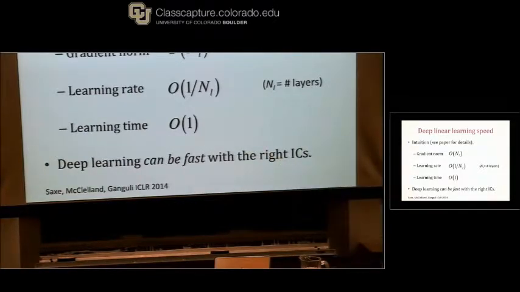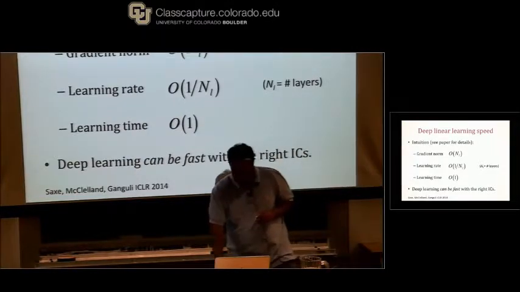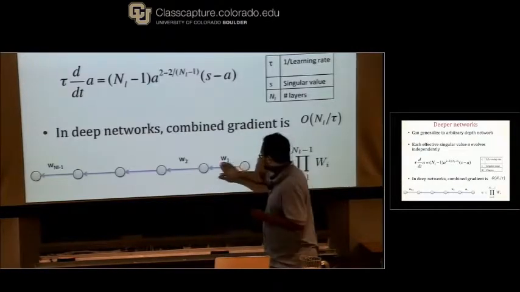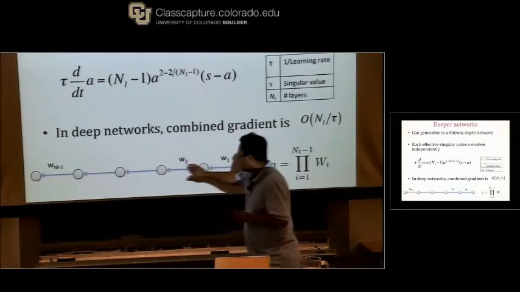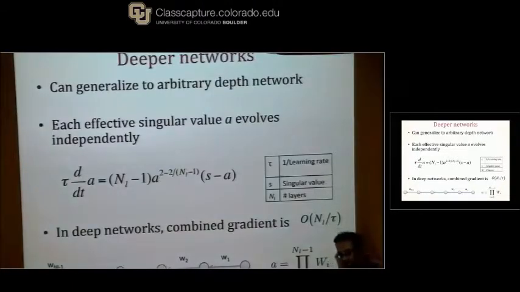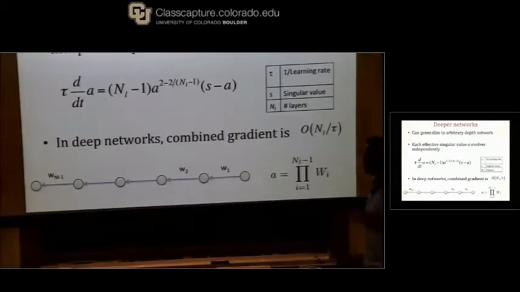But you can choose a set of initial conditions, right, where all of these weights are close to 1. Okay? So you're kind of dynamically critical, okay?